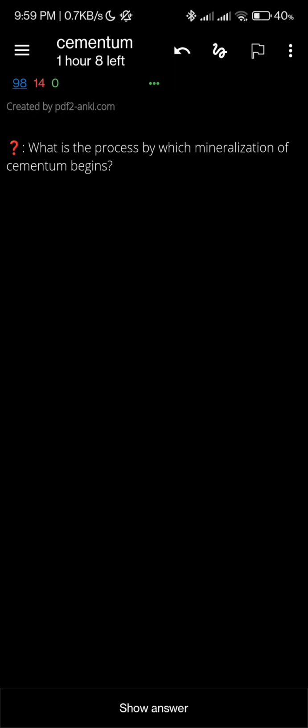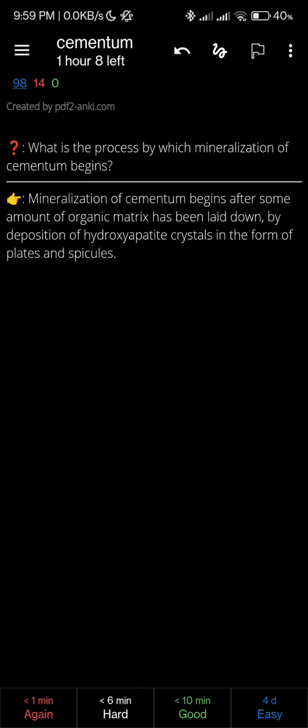What is the process by which mineralization of cementum begins?